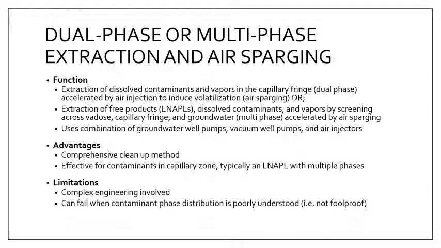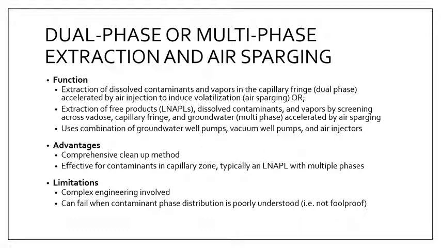Okay, so this is a complex method where you are pumping in air to promote volatilization, and you are also using groundwater pumps to extract liquid contaminants, and you're also using vacuum well pumps to extract your vapors.